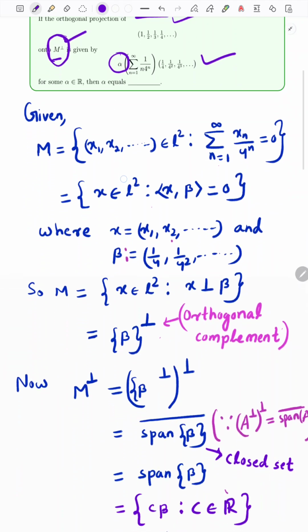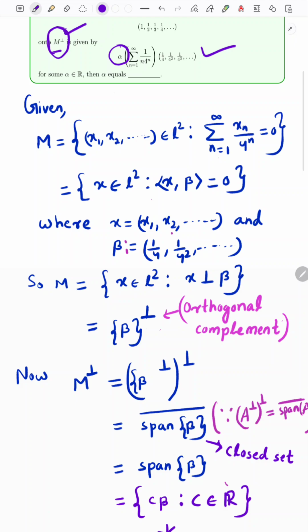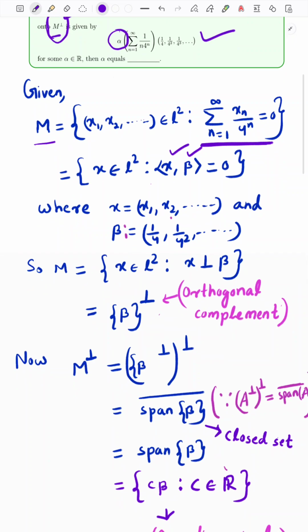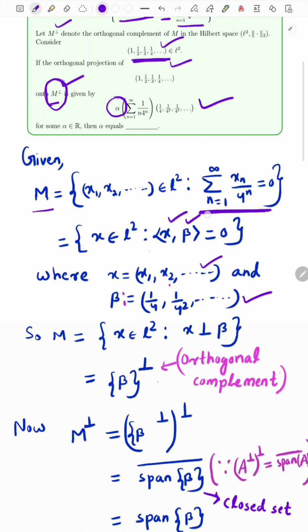Let us calculate. In the given question, this space M is the set such that this summation is equal to 0, and this summation can be written in inner product form. I have already told the definition of the inner product, because it is the standard dot product in the infinite dimensional space L2. So we are collecting all the elements whose inner product with beta is equal to 0, where beta is the element 1 by 4, 1 by 4 square, and so on.